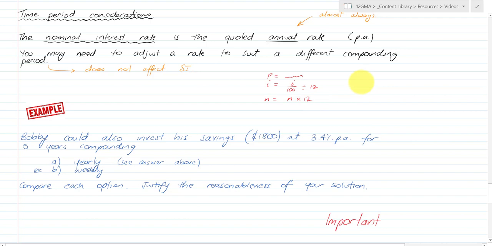So if you do I equals PRN, you get P times I over 100 divided by 12 times n times 12, and the 12s cancel out. Because simple interest is arithmetic and linear, they cancel out quite nicely. Compound interest, it doesn't cancel out, and it does have an effect. Let's have a look at an example.